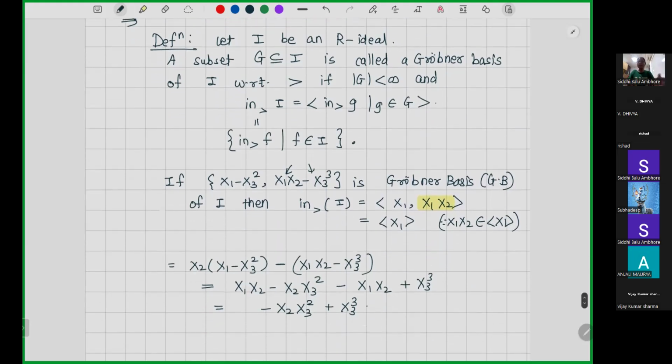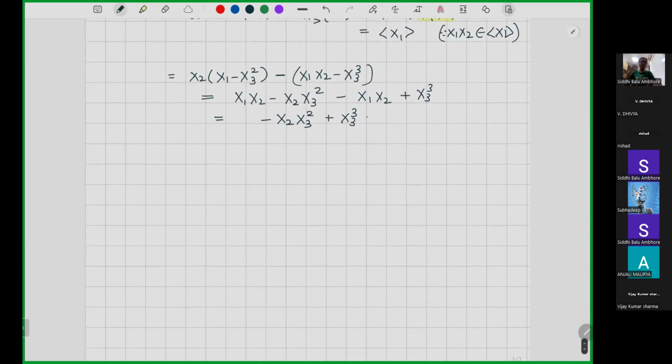So when I saw this question, my first aim was to divide this polynomial with x1 x2 minus x3 cube. When I multiply this element by x2, this is polynomial division.